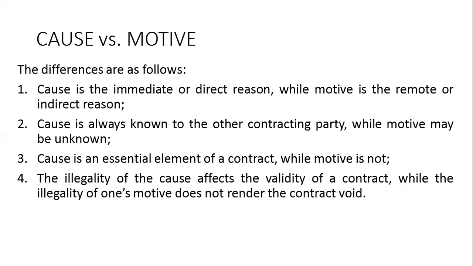The difference between cause and motive would be that cause is the immediate or direct reason, while motive is the remote or indirect reason. For example, in a contract of sale, as we have said, the cause, as far as the seller is concerned, would be the price that he will be receiving from the buyer.